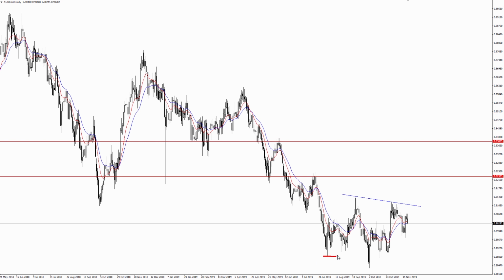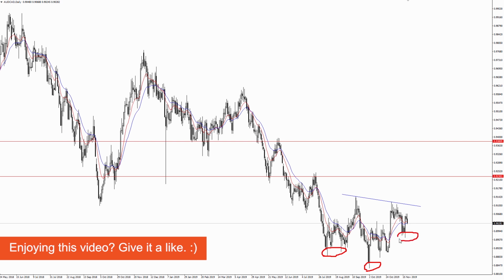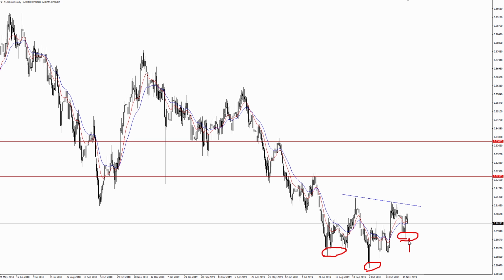However, we still have this left shoulder over here, the head, and a possible right shoulder. Now, the key question here is whether or not this is going to serve as a low for the right shoulder, or we're going to see a rotation even lower, perhaps back down here to some of these left shoulder lows. Okay, so that's the question right now.